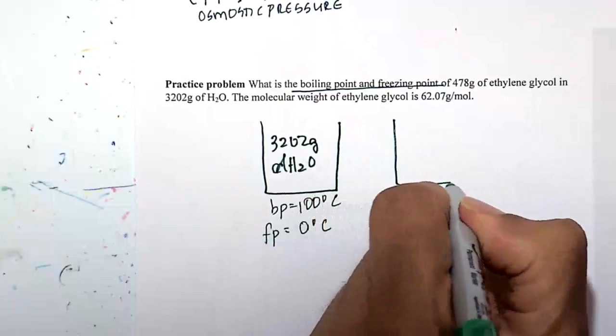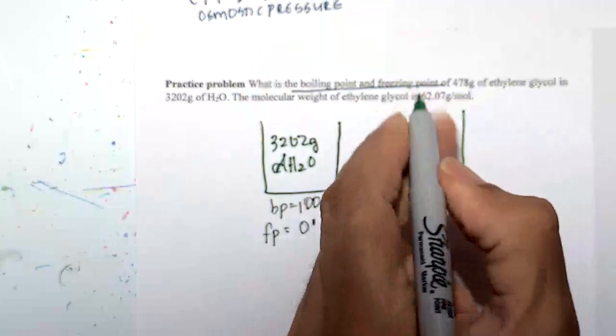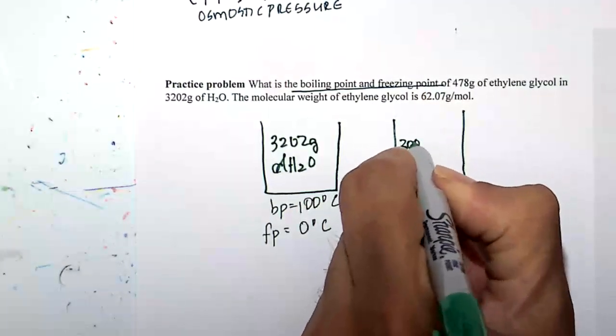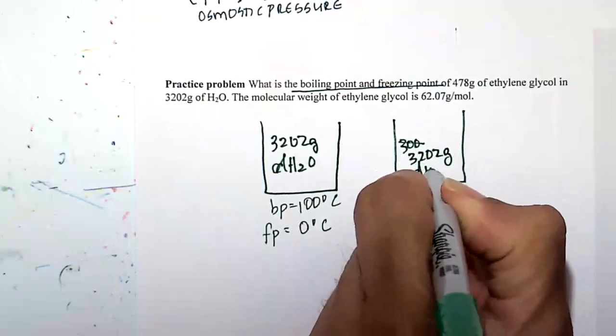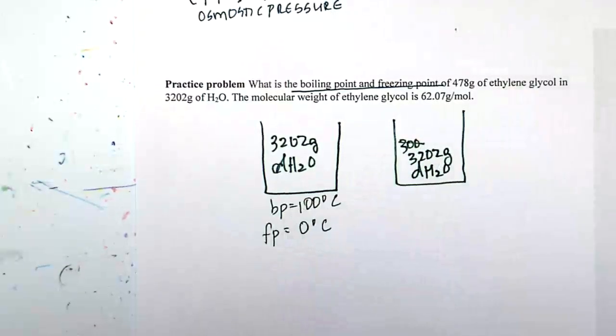Now we're going to take that same 3,000 grams or so of water, and to that we will add how much? 478 grams of ethylene glycol.